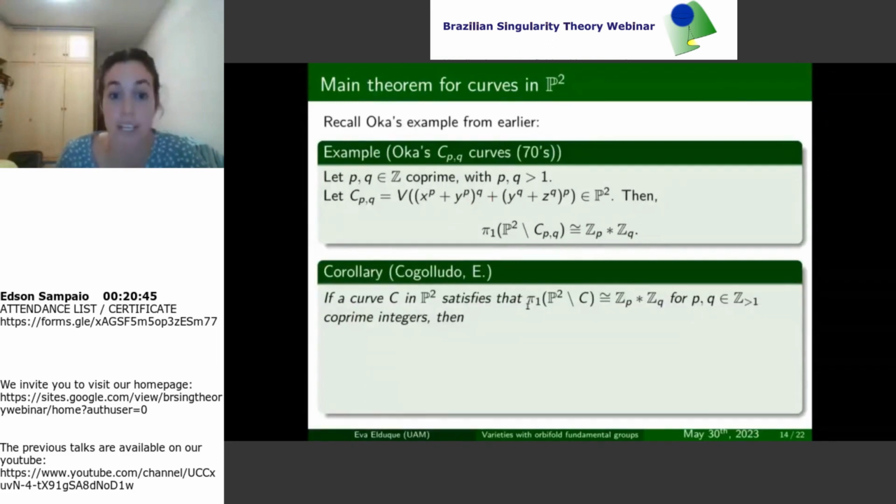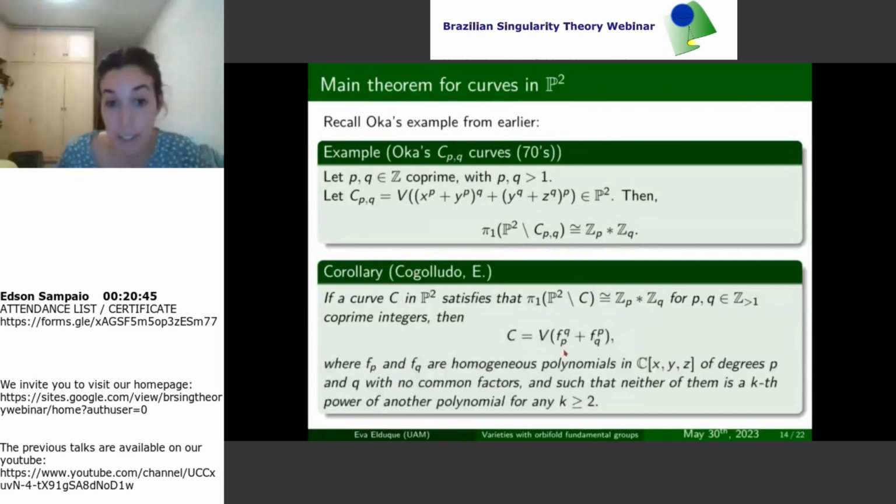So if a curve in P2 satisfies that the fundamental group of its complement is such as Oka's, then the defining polynomial had to be of the form a degree P homogeneous polynomial to the Qth power plus a degree Q homogeneous polynomial to the P power, in the way that the two polynomials have no common factors and such that neither of them is a Kth power of another polynomial. So just of this form.